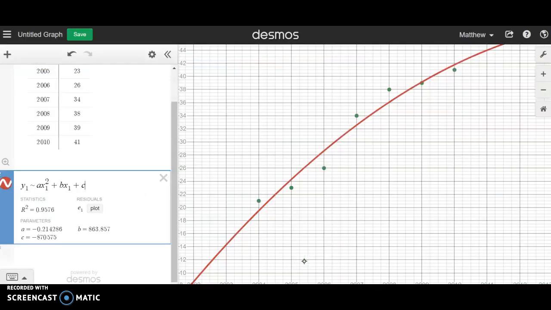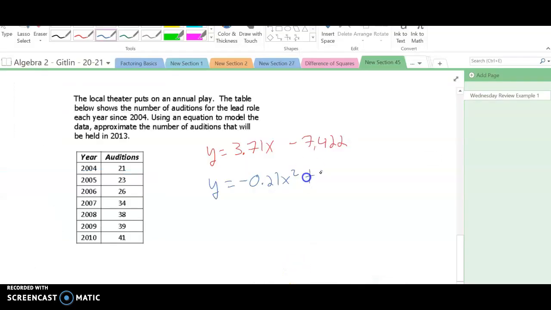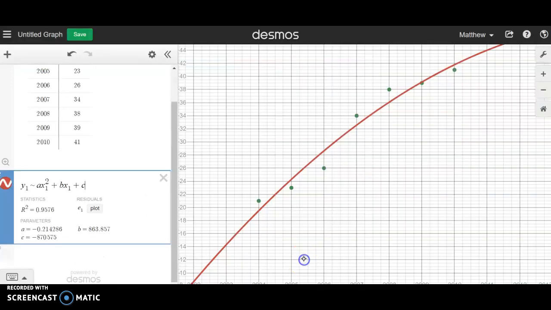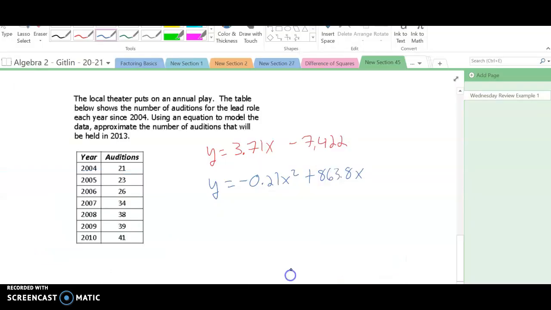Our b value is 863.8, plus 863.8x. And our c value, we're just reading right off here from the parameters, is negative 870,575. So if they ask you for the equations of the regressions, that's how we go and write them down.